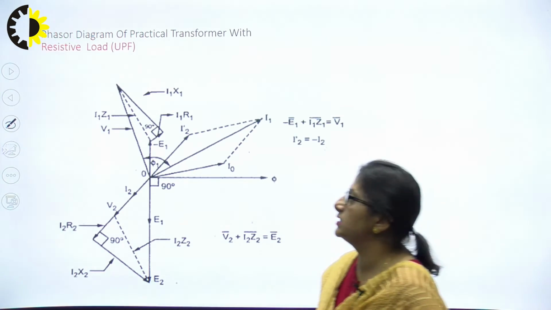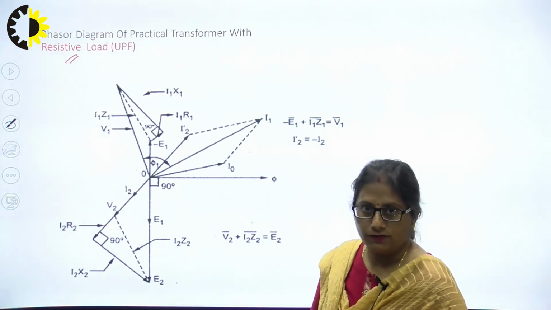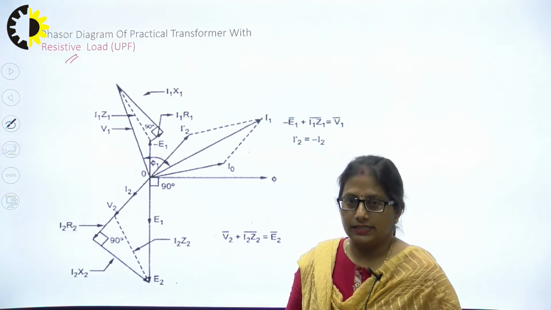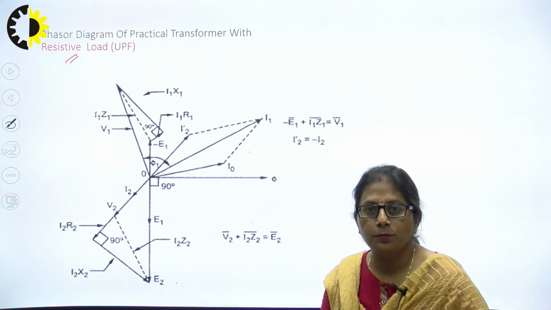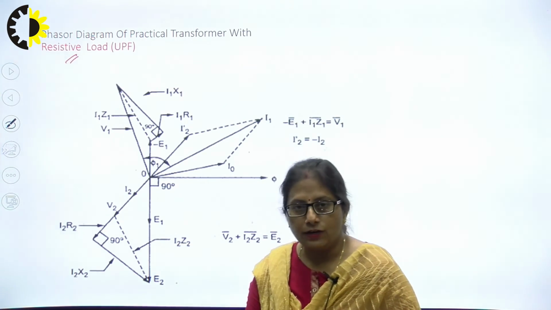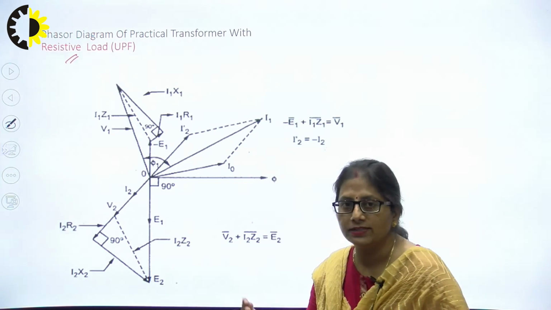So going for the resistive load first of all, right? If the load is resistive in the transformer, what will be the relationship between the secondary voltage and secondary current? I'll just draw the equivalent circuit of the transformer without considering the no load circuit.